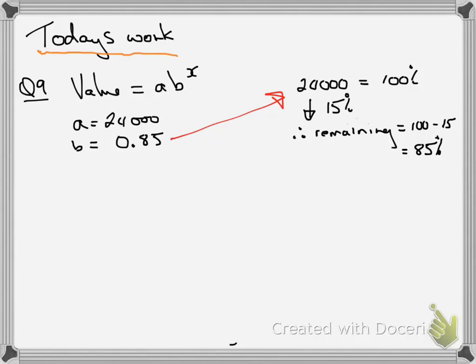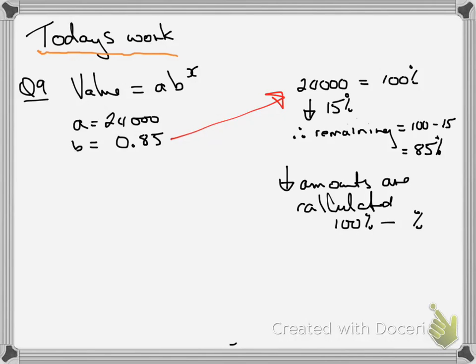Now what this really means is that decreasing amounts are calculated by 100% minus the decreased percentage.